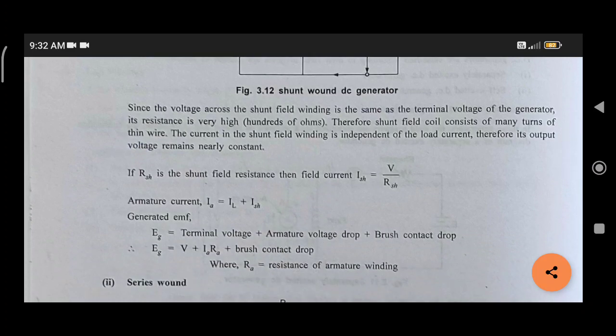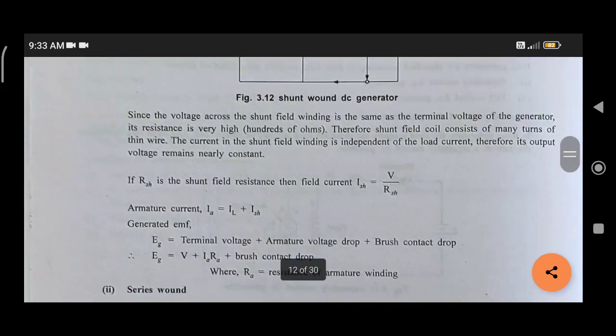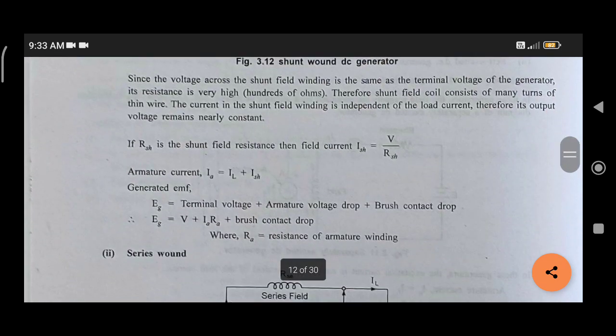In any example, at any stage of the exam, for a shunt generator or motor, there is a very minor difference between generator and motor. In a generator we have an outgoing current Ia, and in a motor we have an incoming current. So there is only a sign change, otherwise everything is the same. These are the formulas which help you solve the numericals.